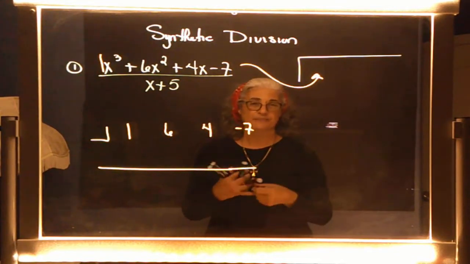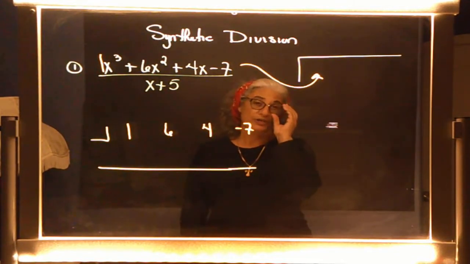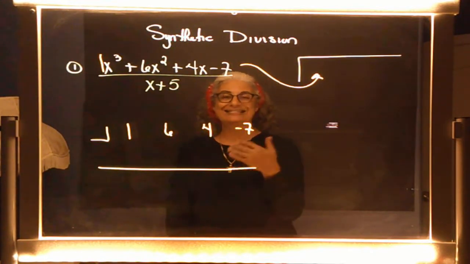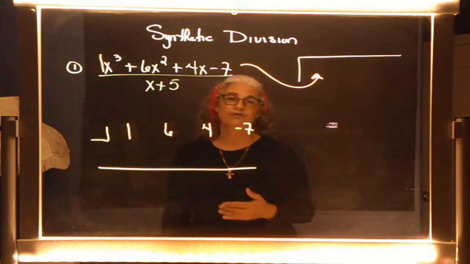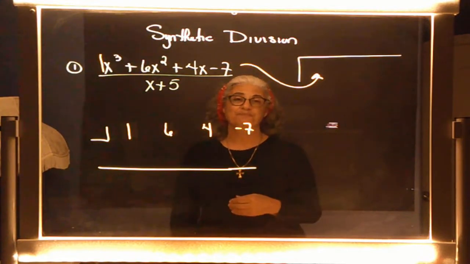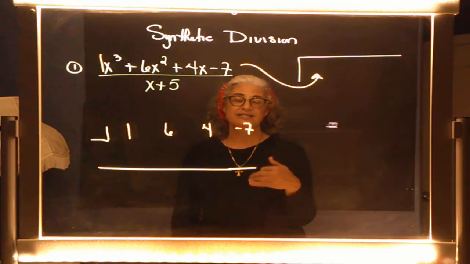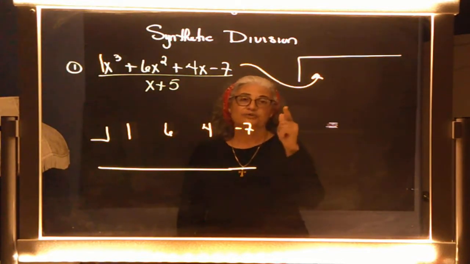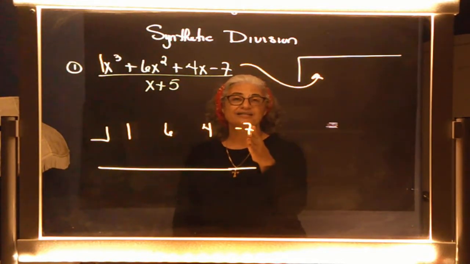Now, let me pause a moment. The reason why it's important for you to put in a 0 if it was missing a power is this. Synthetic division reads from right to left. So, synthetic division would see the negative 7 as the constant.